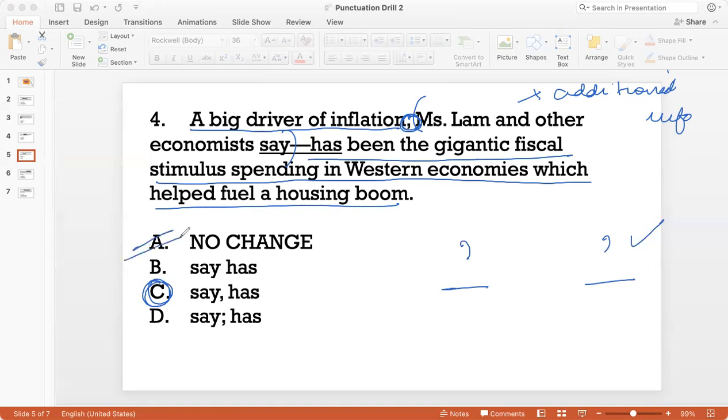So a dash is wrong. Option B is definitely wrong because I need to close the additional information with a comma to pair with the comma that started it. And the semicolon is definitely wrong here because, for the part before and the part after, neither is an independent clause. So it doesn't make sense.